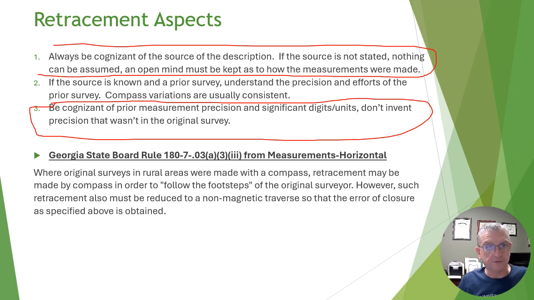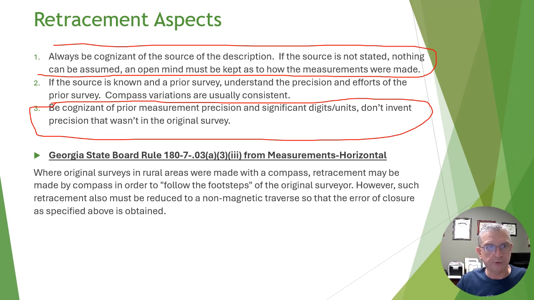Finally, mention of the state board rule. We have horizontal measurement precision requirements in this state board rule, which provides for positional tolerances, closure precisions, all for good, accurate surveys. Some people used to think that you could not take a tape out of the back of the truck and a pin finder and a compass out of your shirt pocket and try to follow the previous survey to find some starting points.